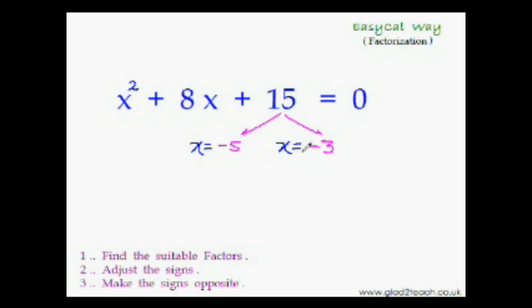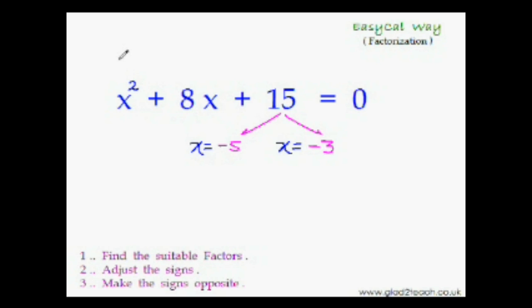Now, if you're ever in doubt, then you can always double check your answer by putting the values of x that you have found back into the original equation. If the left hand side comes out equal to the right hand side, then your answer is surely 100% correct. So let's put this value of x in this equation.